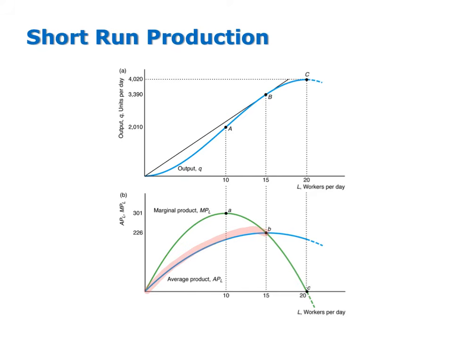Specifically, between A and B, marginal product is falling, but because marginal product is above average product, average product is still going up. Then we see when average product is falling, marginal product is below it. Anytime the average is falling, the marginal has to be below it to be pulling it down.